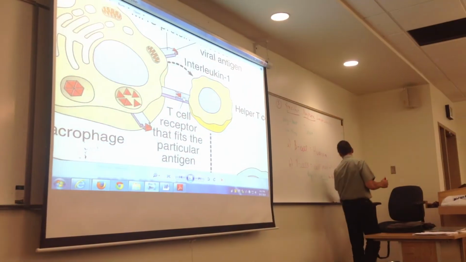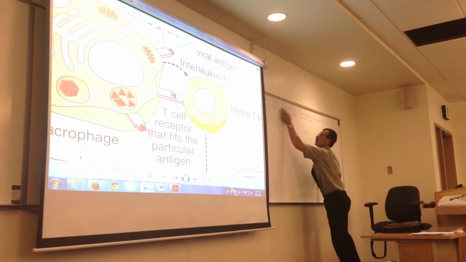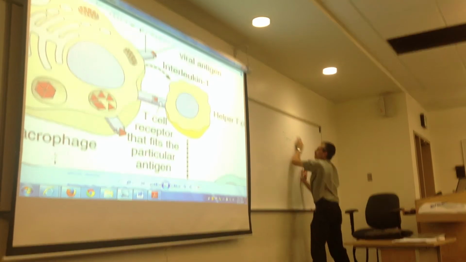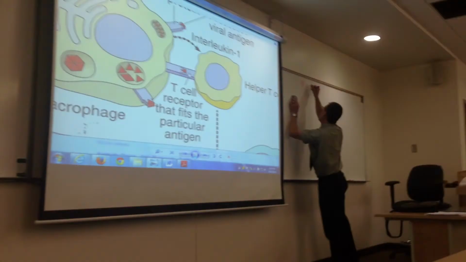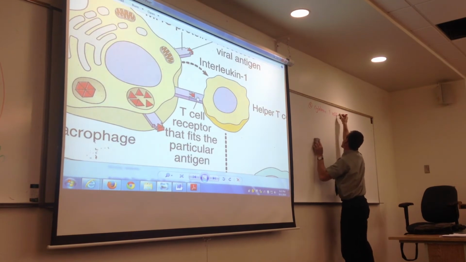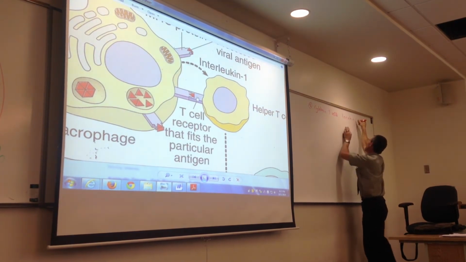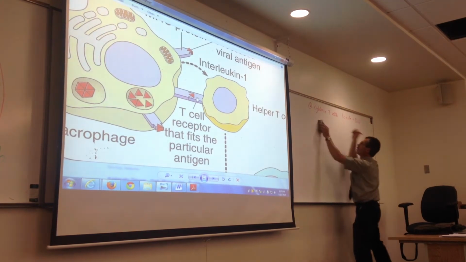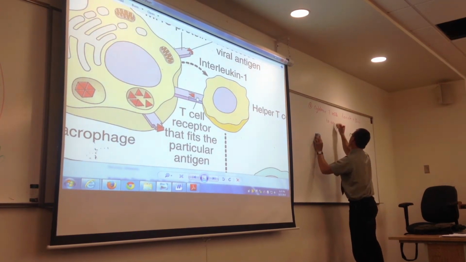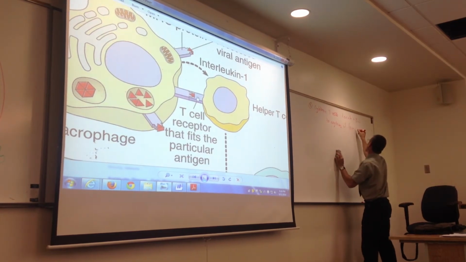We haven't done anything. All we've done is made a bunch of military guys. Step number 5. The cytotoxic T cells will then locate and bind to anything with the foreign antigen.